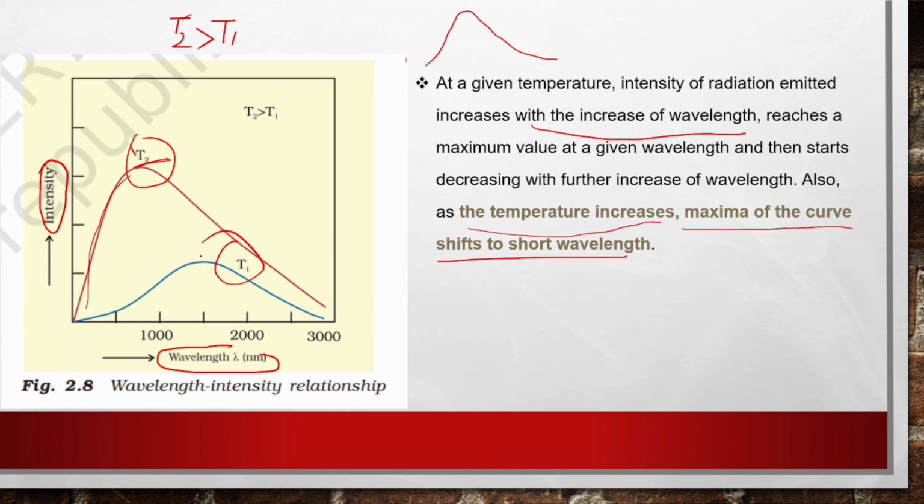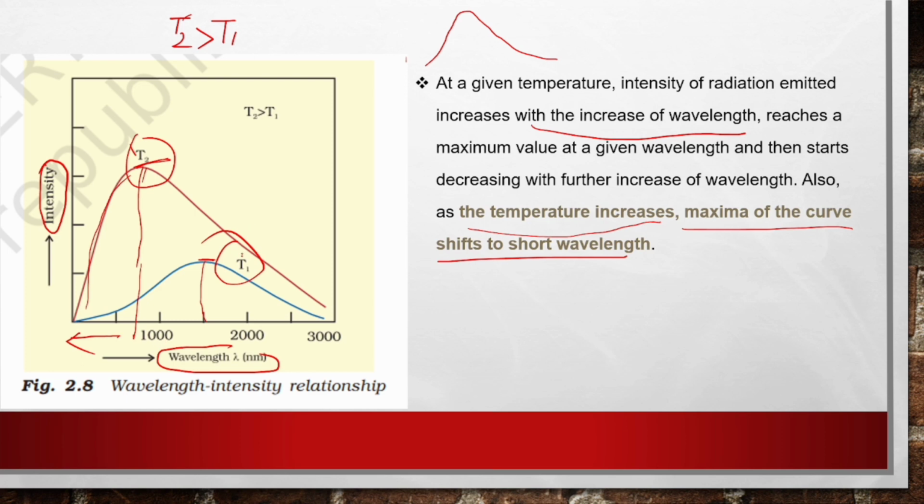In the T1 case, the maximum wavelength is between 1000 and 2000 nanometers, but at T2 the maximum is below 1000 nanometers. So what does this infer? As the temperature increases, the maxima shifts to a shorter wavelength.